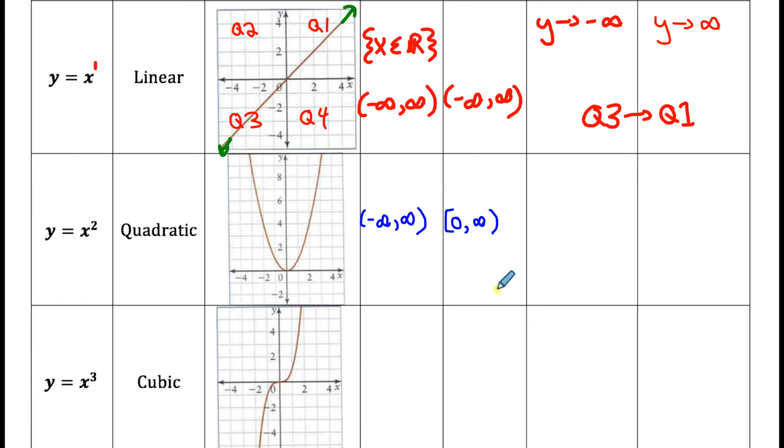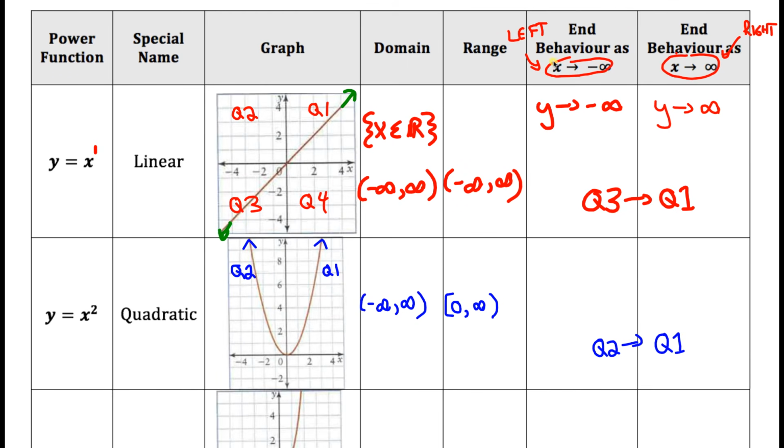End behavior. What quadrant does this function start in as I move from left to right? It starts over here at quadrant 2, and it finishes over here at quadrant 1. It goes from Q2 to Q1. If we're writing it by talking about as x goes to negative infinity, what's happening to the y values?